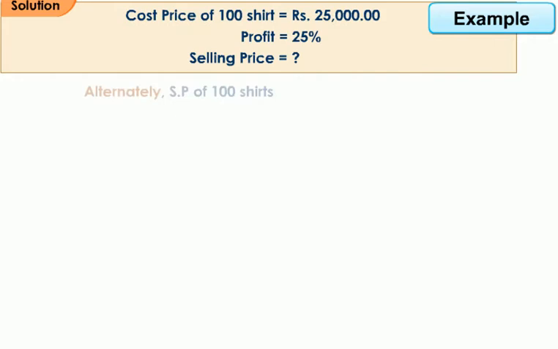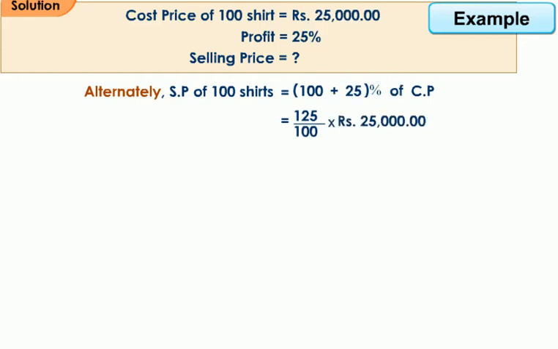Students, alternately, the selling price of 100 shirts is equal to 100 plus 25% of the cost price. That is 125 divided by 100 into 25,000. This gives us rupees 31,250.